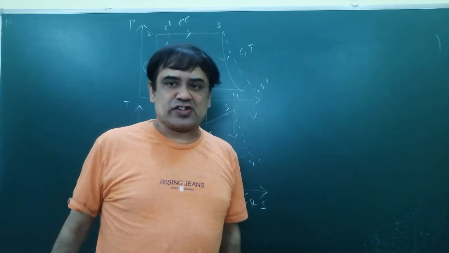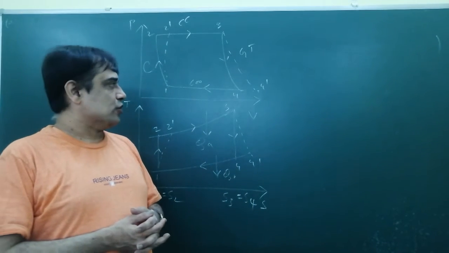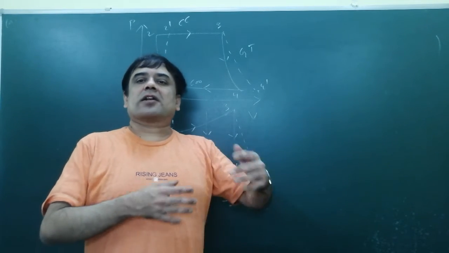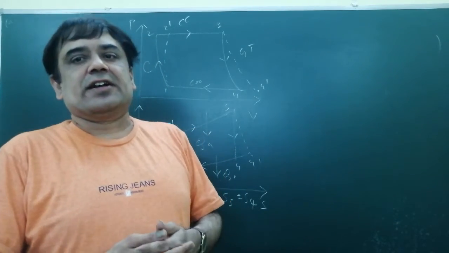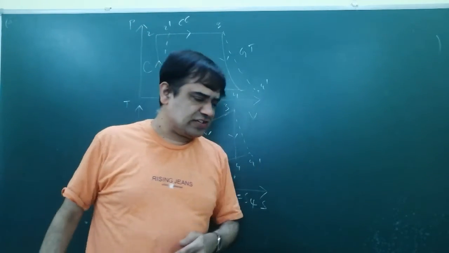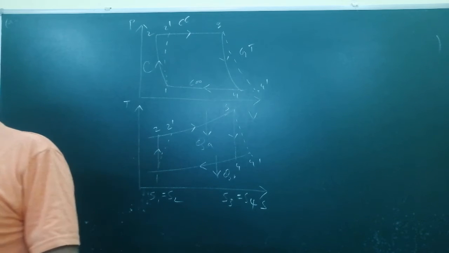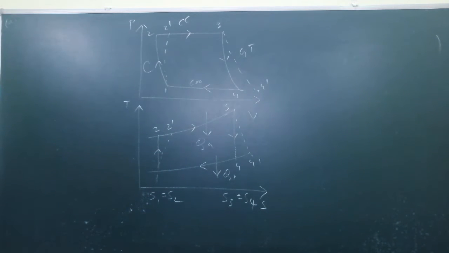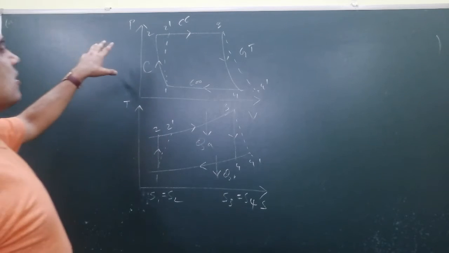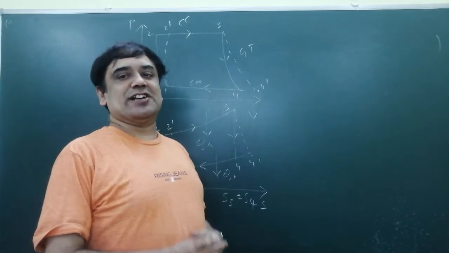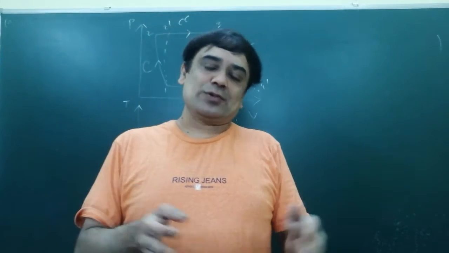Keeping this information in mind, we should know what are the methods required to enhance cycle thermal efficiency. Just looking at the pressure-volume plot, we can see that generally in a gas turbine unit we have one compressor, combustion chamber, gas turbine and cooler.